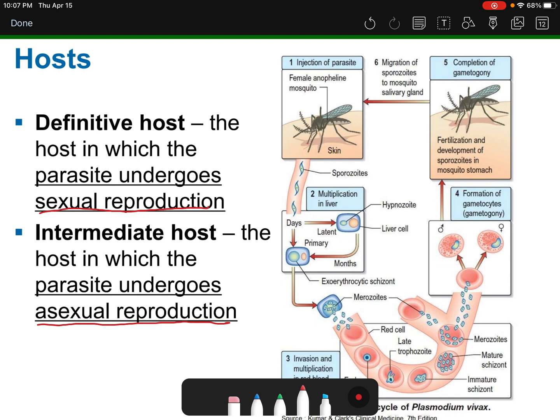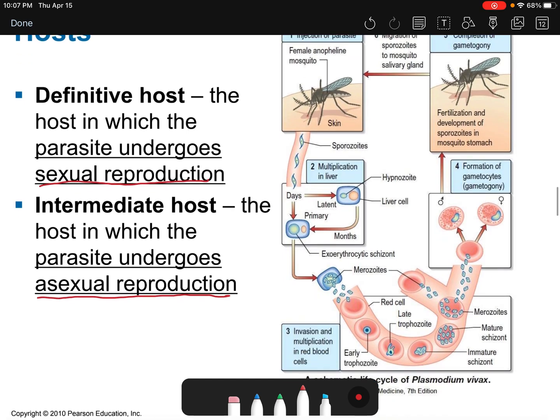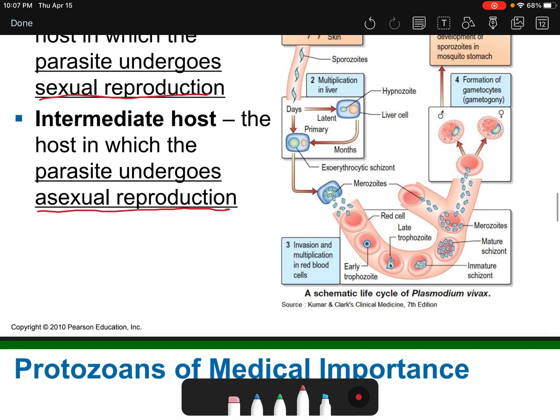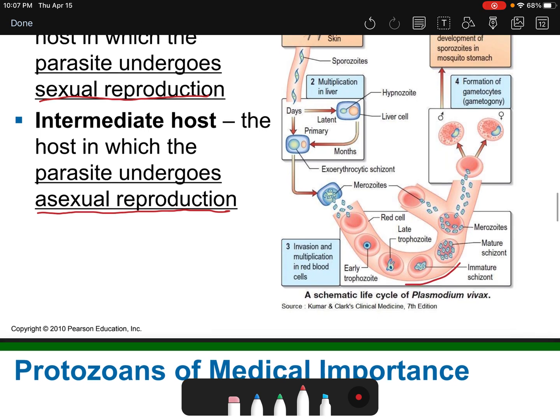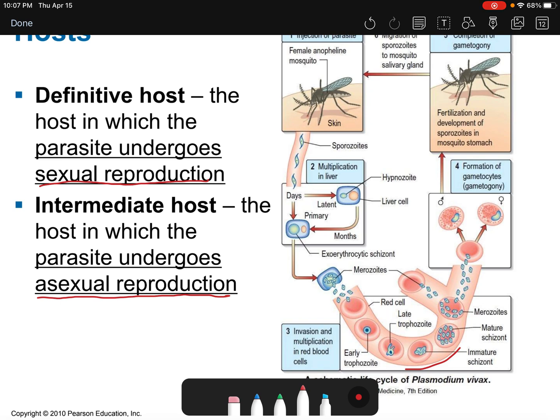So, for example, if we look at malaria, the female mosquito has the parasite inside it. When it bites through the skin, it's going to inject that inside. It's going to multiply in the liver, and then it's going to invade red blood cells and travel throughout. And then it's going to form the male and female gametocytes.